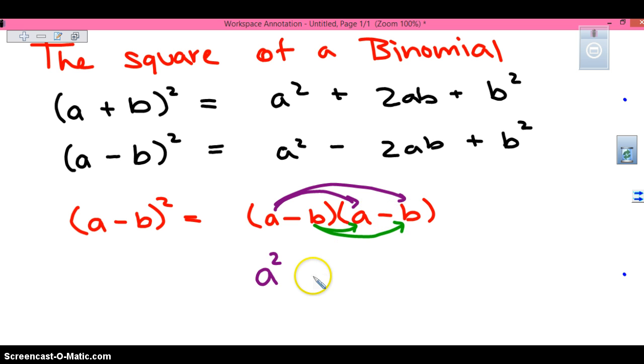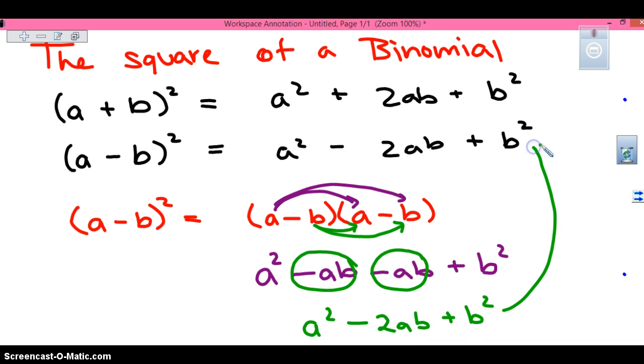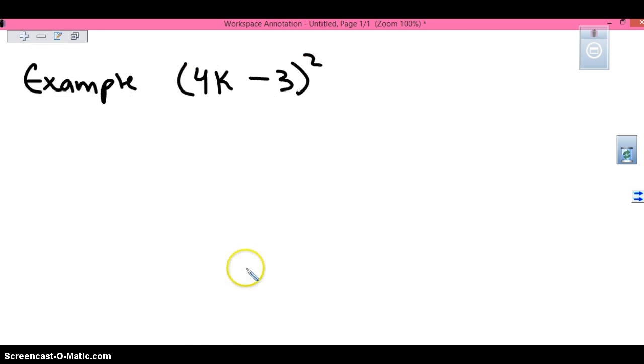A times negative b is negative ab. Negative b times a is negative ab again. And negative b times negative b is positive b squared. We can combine our like terms: a squared minus 2ab plus b squared. See how this is exactly the same thing as this.